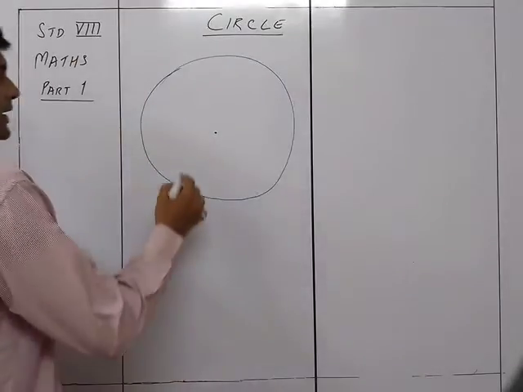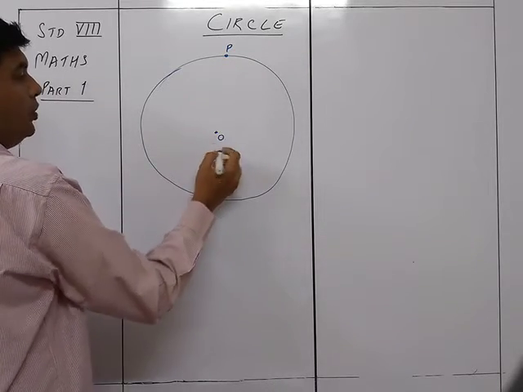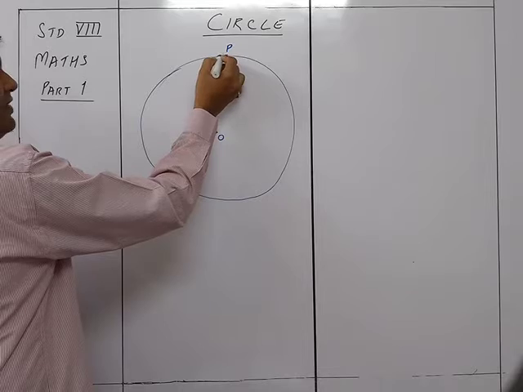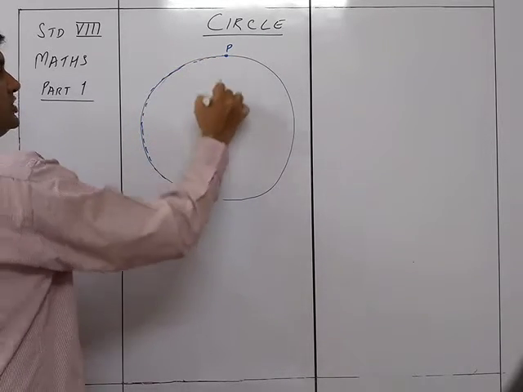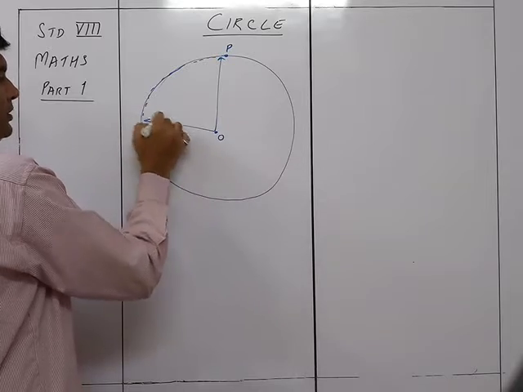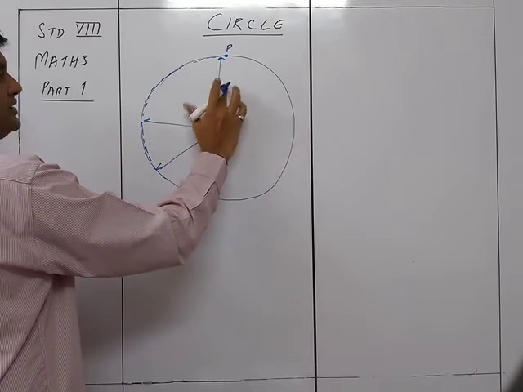That means if this particular point is P and this particular point is O, this P is traveling in such a way that it is always at a constant distance from here.